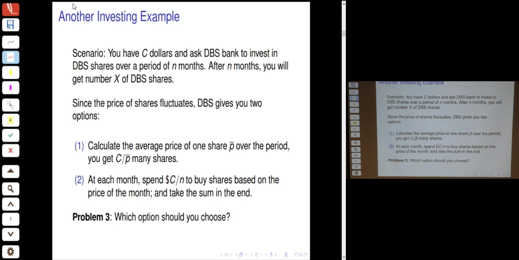So, the catch here is that the price of shares fluctuates. Okay. So, it is not as if I can go to DBS with a bunch of money and tell them, give me the equivalent number of shares for this much money at the share price at today's date, okay.